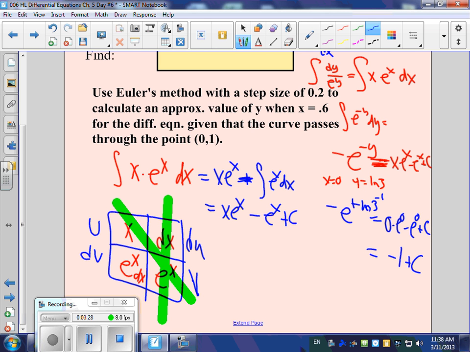This is e to the natural log of 3 to the negative 1, or 1/3. What's e to the log base e of 1/3? 1/3. So if I add 1, what's c equal to? 2/3. Who got c equal to 2/3? Nice, good. About 1/3 of you.